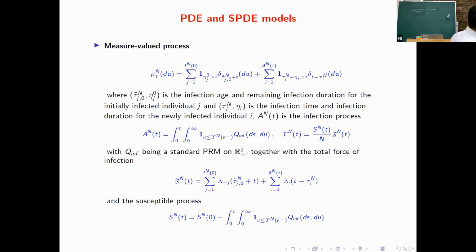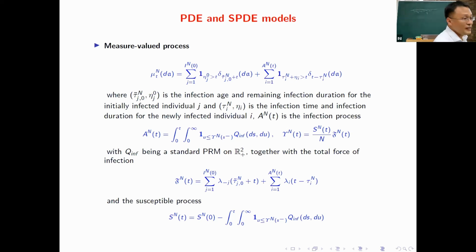Now the force of infection is changed slightly from the previous slides. Because it's infection age dependent infectivity, we assume that they all have the same profiles, and at time t we track how long before time 0 they were infected, right? So that's the infection age at time 0. This is the total force of infection for this infection age dependent infectivity model.